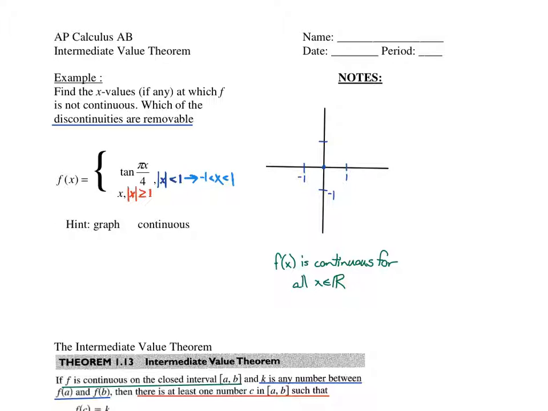We also have here that f of x equals x when the absolute value of x is greater than or equal to 1. Or in other words, when x is greater than or equal to 1, or when x is less than or equal to -1. So at that point, I know I'm on the line y equals x. Let's graph that part first, because that's the easy one.